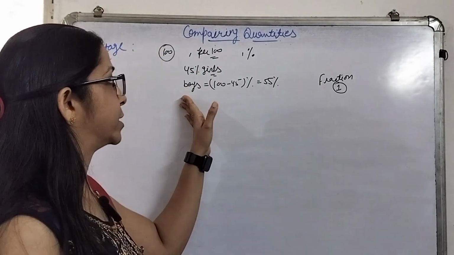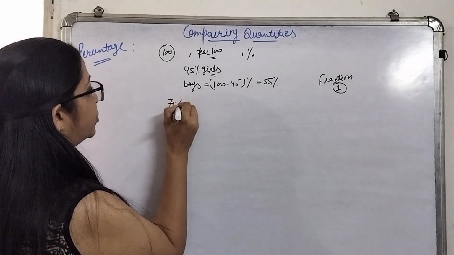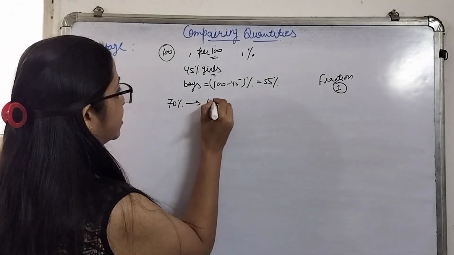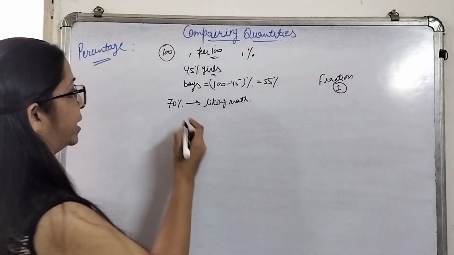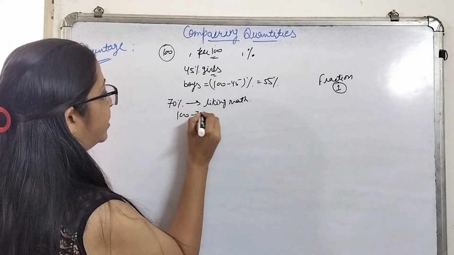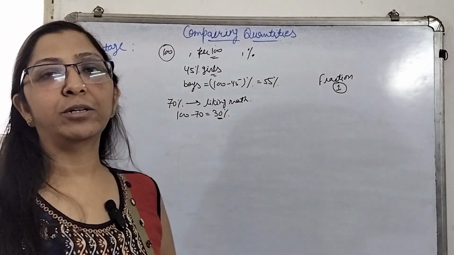If 70% of students like maths, who love to do maths, then automatically we can say 100 minus 70, that is 30% of the students don't like doing maths.